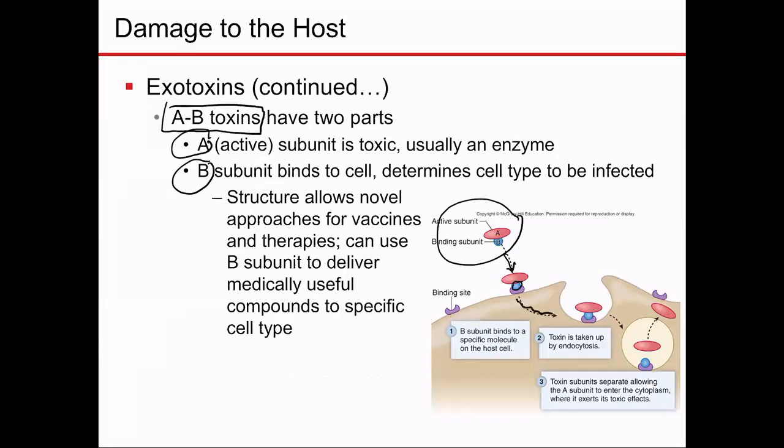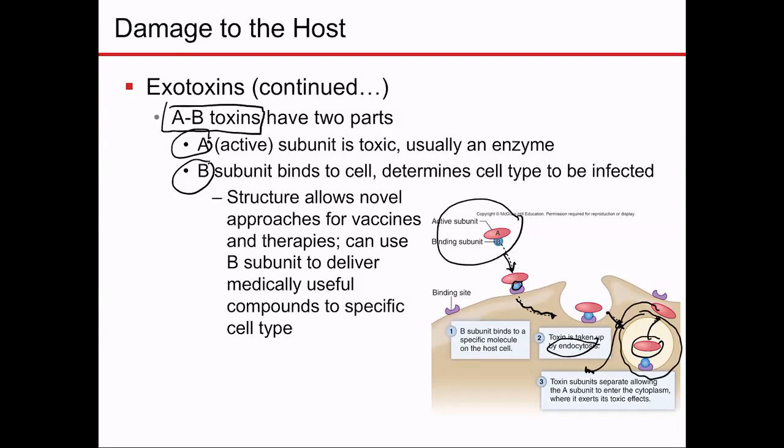And this now triggers the process of endocytosis. That means engulfing that exotoxin into that endosome. And once inside of the endosome, the subunit A will be released. And this is the subunit that will cause harm in the body.